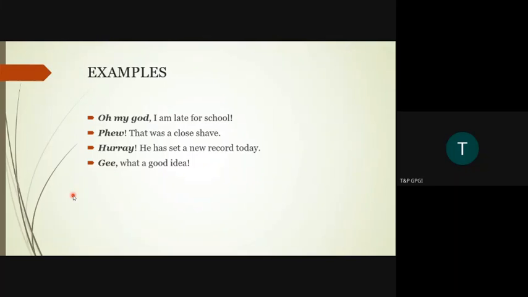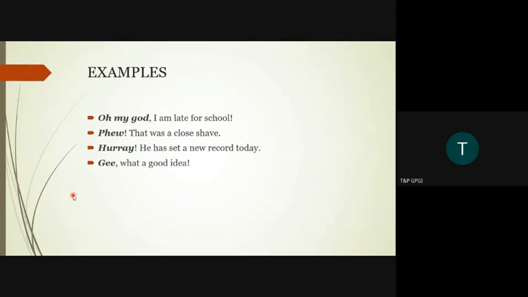Or hooray, he has set a new record today. Yay, a happy expression. Or gee, what a good idea. Like wow, it's a wow feeling. This is how you incorporate interjections in your sentences or in your speech.